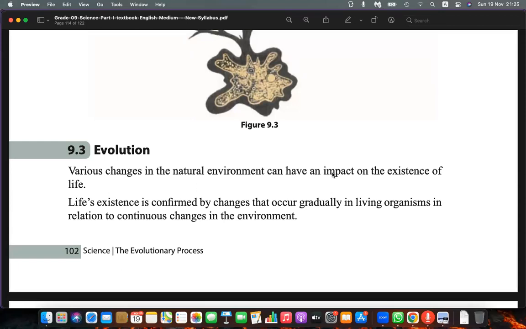Various changes of the natural environment and disasters affected evolution, not just of humans but of many animals. Some animals were destroyed, some remained, some evolved. All this happens during this.